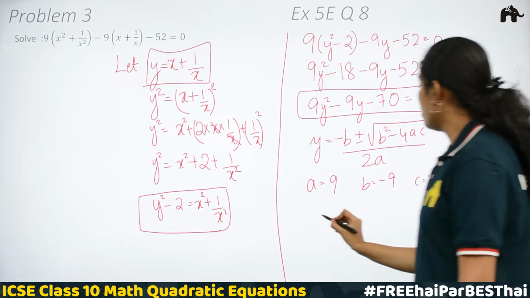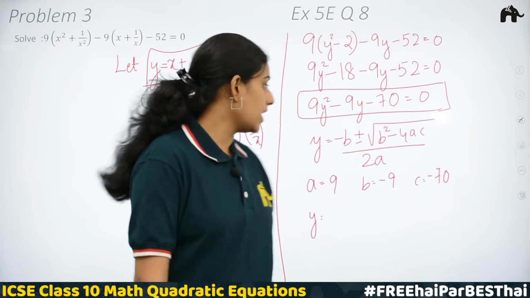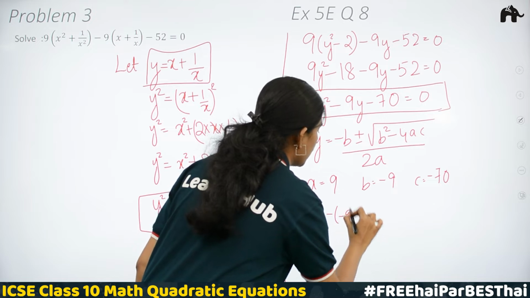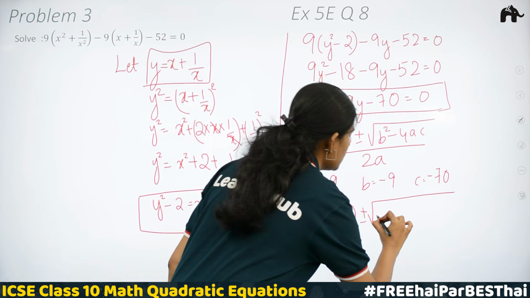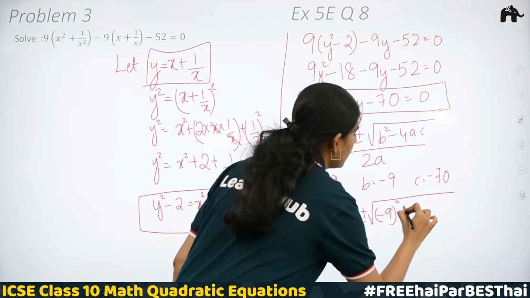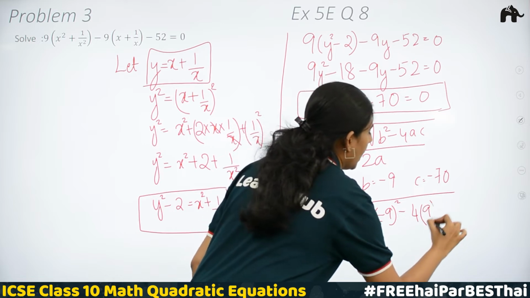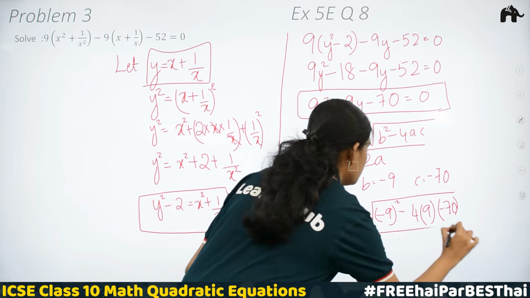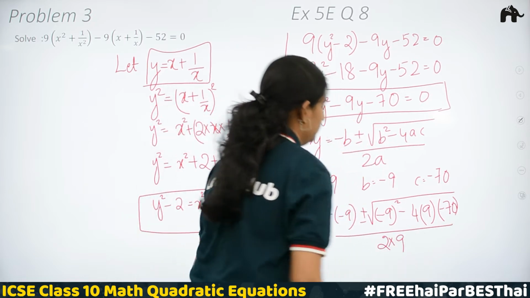Okay, therefore y is equal to minus b. Minus b is minus of minus 9, plus or minus root of b square, that is minus 9 whole square, minus 4 into a is equal to 9 and c is equal to minus 70, divided by 2a, 2 into 9.